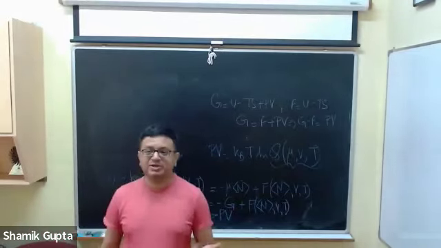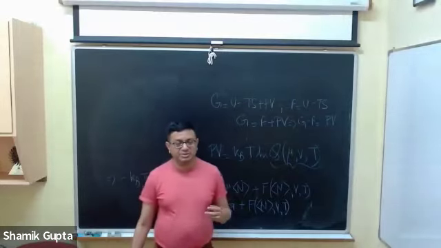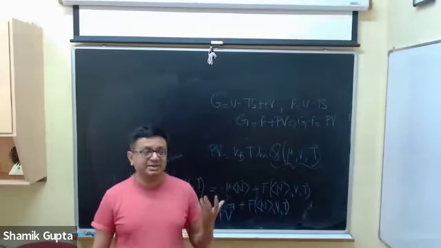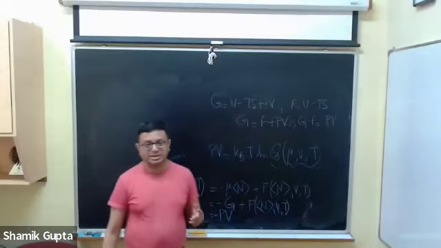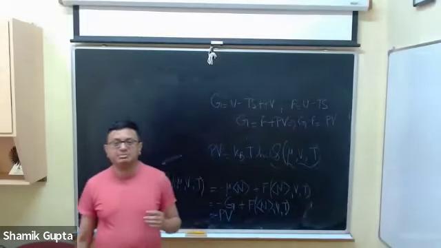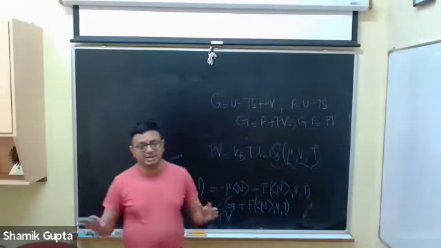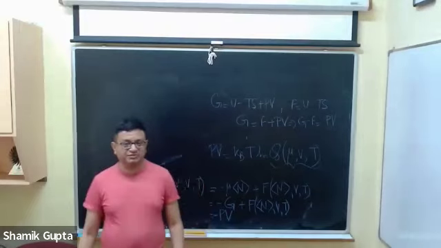And one possible way to make it Poisson commute with the Hamiltonian is to see that the phase space density is uniform, and that defines for us the microcanonical ensemble, namely an ensemble in which all possible microstates of the system are equally likely. The phase space density is uniform.